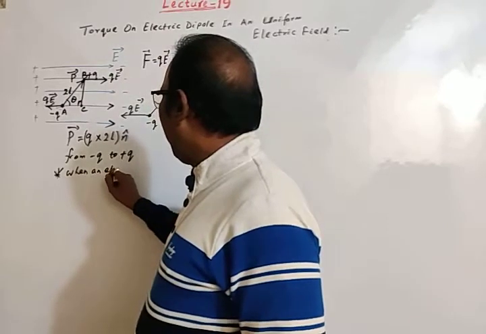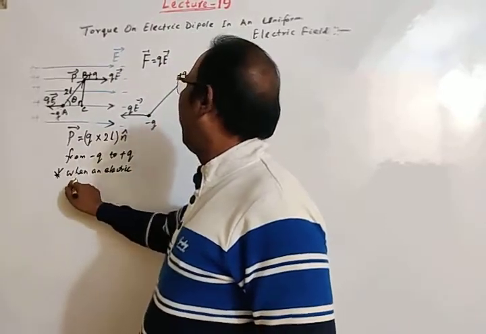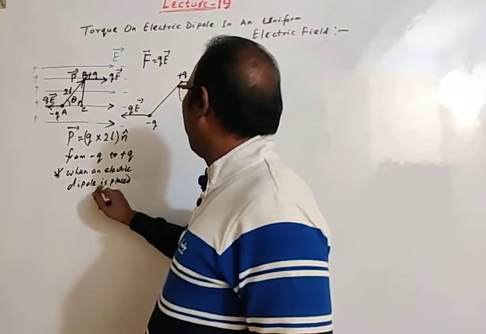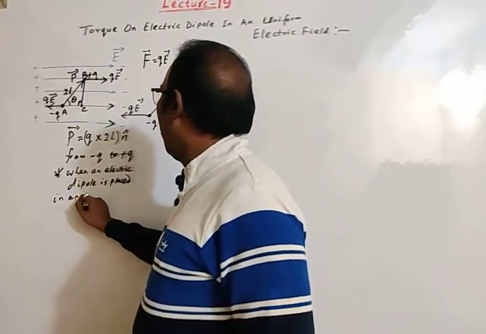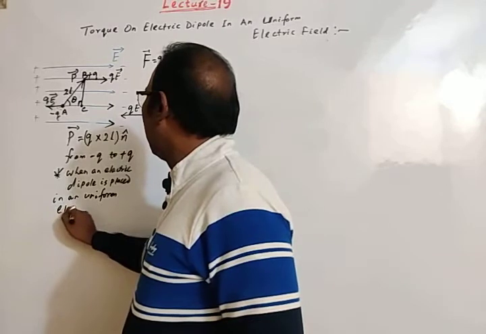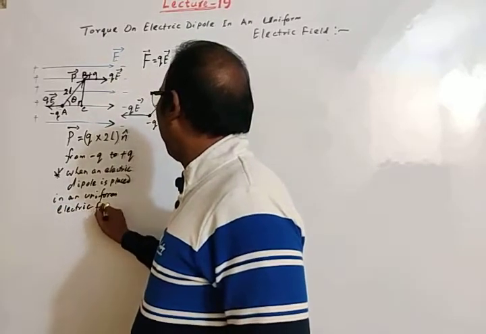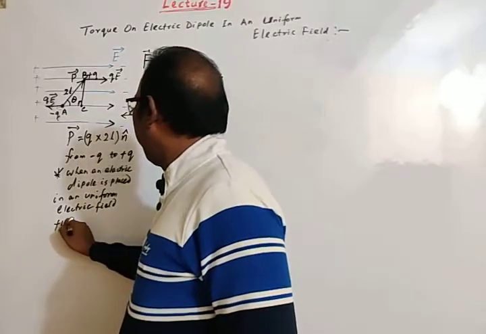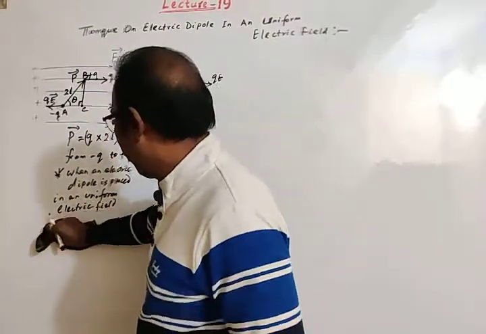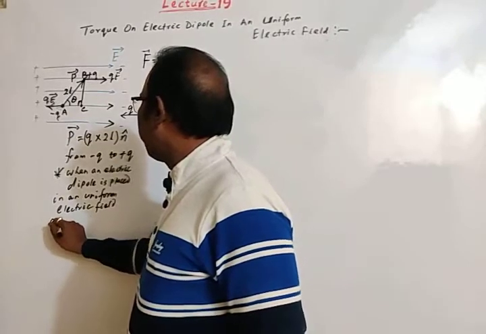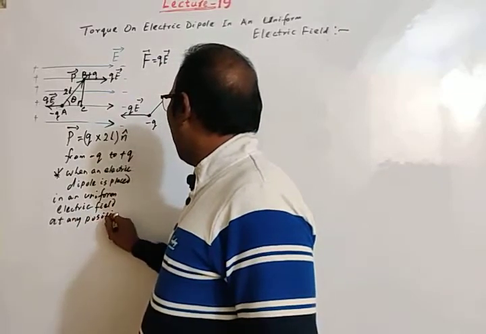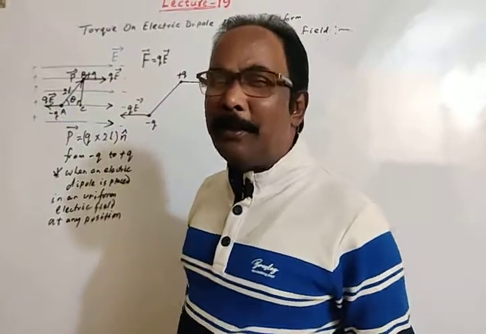When an electric dipole is placed in a uniform electric field, at any position, means at any angle, theta is arbitrary, theta is any value.